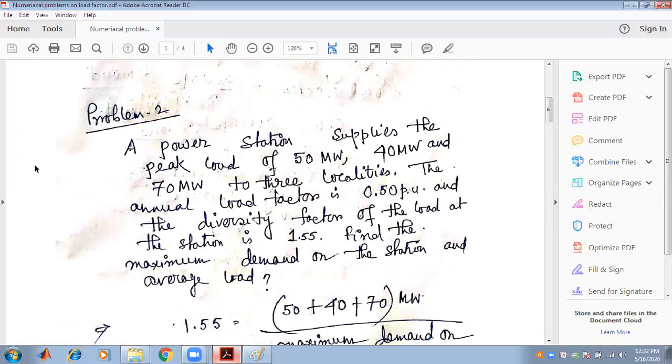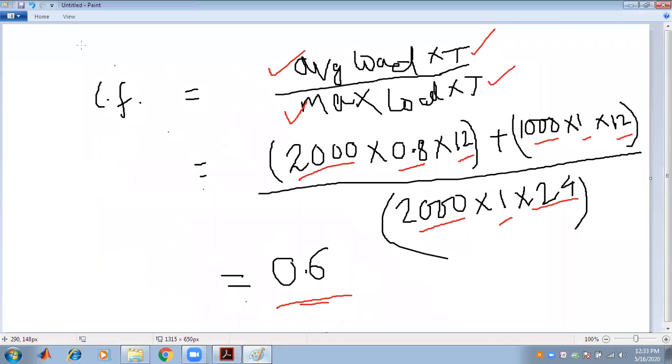The annual load factor is 0.50 per unit and the diversity factor of the load at the station is 1.55. Find the maximum demand on the station and the average load. We have to find two things. Now let us go for the solution.